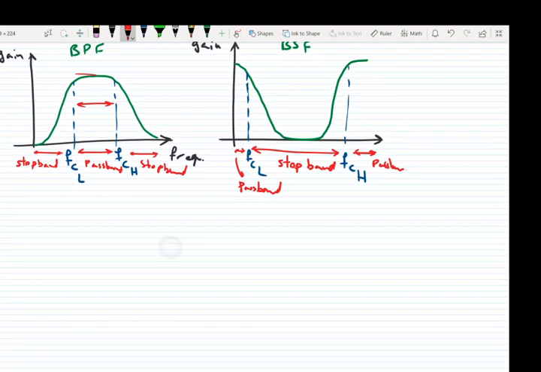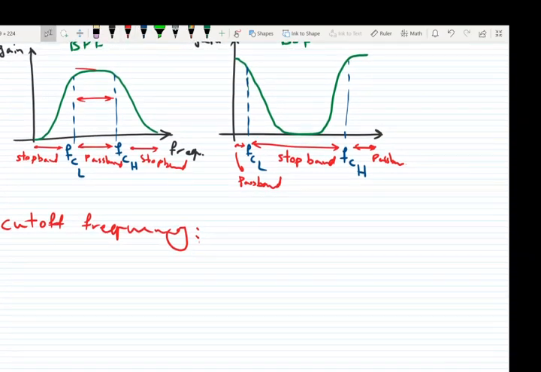Let's discuss it. Cutoff frequency. There is a very simple and important definition to determine the cutoff frequency. We say the cutoff frequency is the frequency at which the passband gain decreases by a factor of 1 over square root of 2 from its maximum.